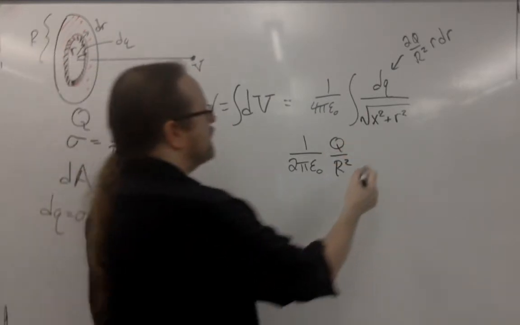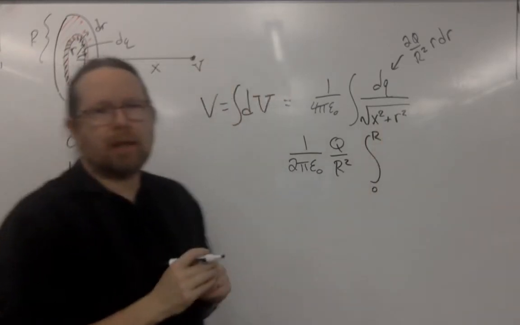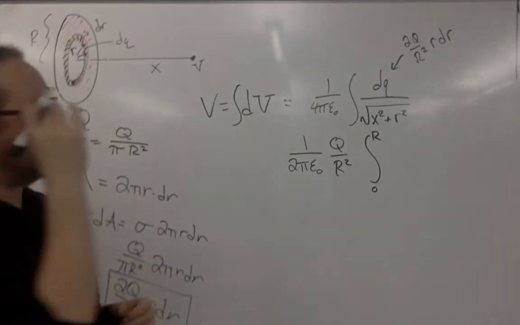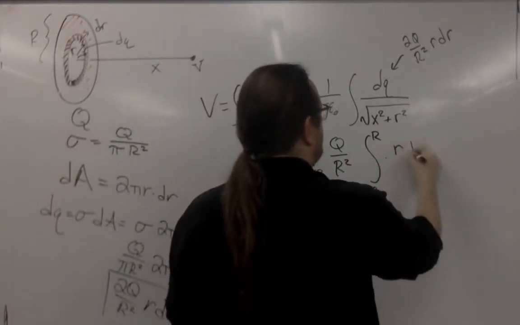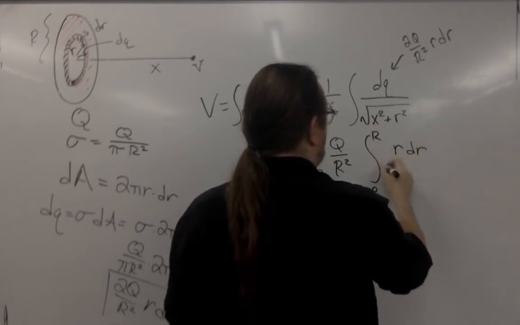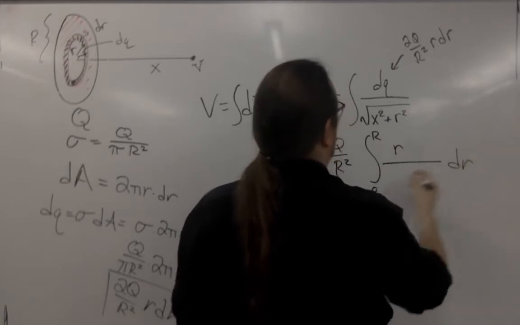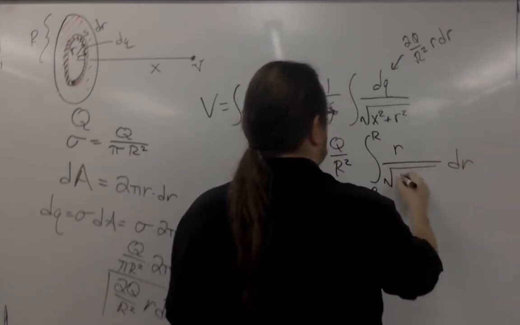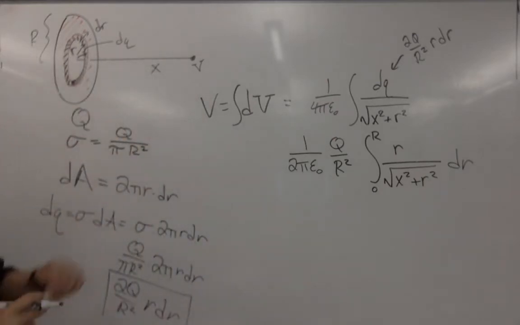And then we've got the integral from 0 to big R, from the center of the circle out to the edge of the circle, of r dr over, or if we prefer, put this dr out here, r over the square root of x squared plus r squared dr.